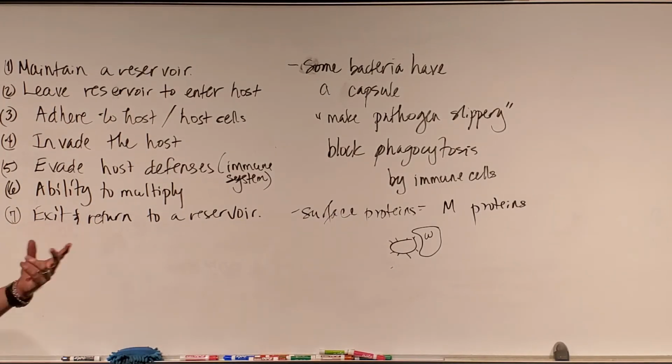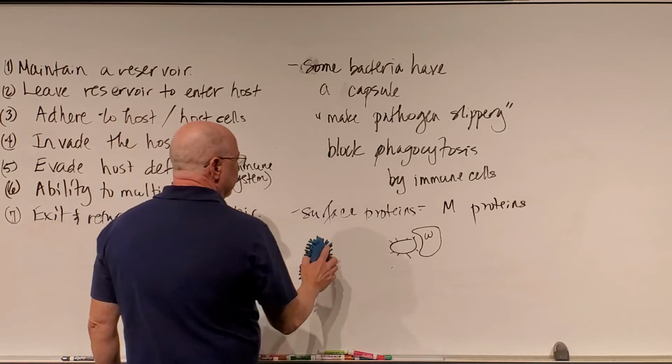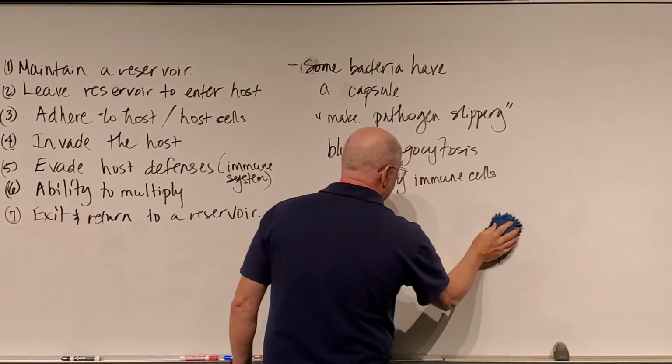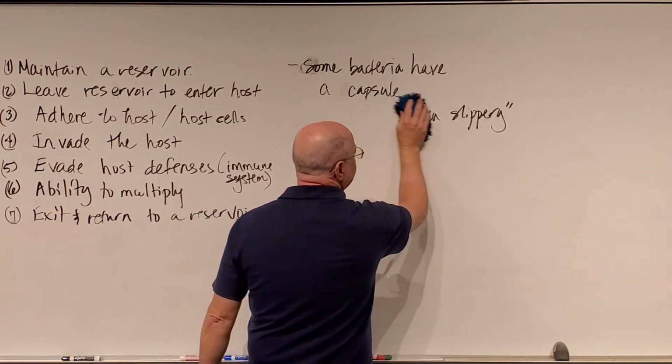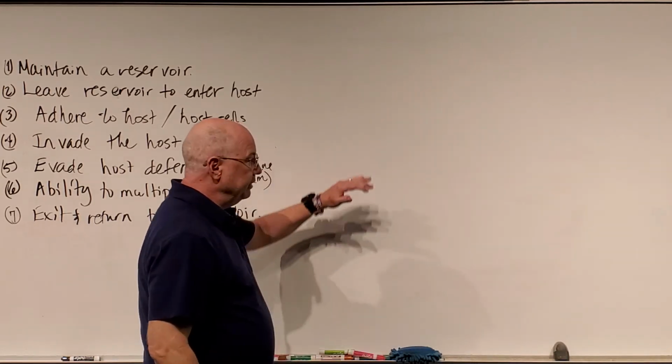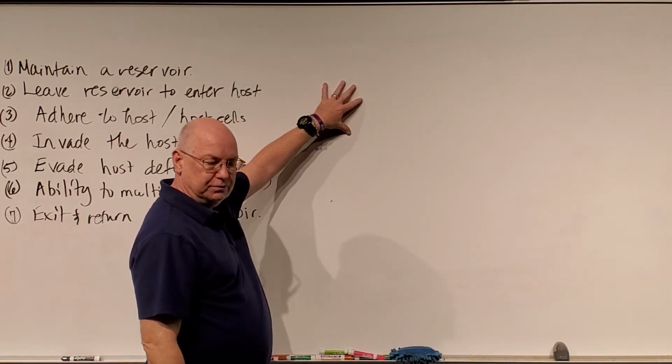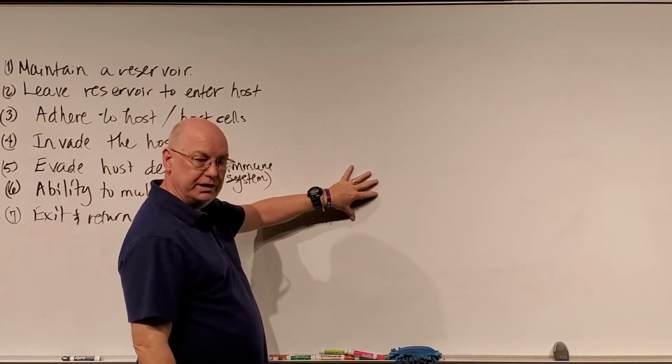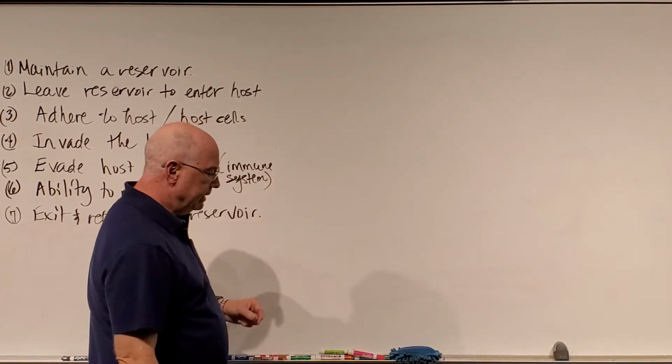So does Mycobacterium tuberculosis, by the way, that causes TB. So on the external surface of many bacteria, they have proteins. They either have a capsule that allows them to evade phagocytosis, or the M proteins on the surface.